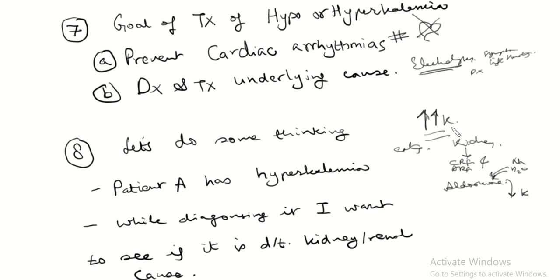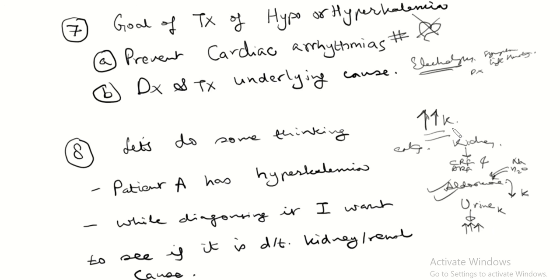Okay, now when the body sees too much potassium, it activates aldosterone and makes it pee out the potassium. So if I do a urine test and aldosterone is working great in a hyperkalemic patient, what are you going to see? Urine potassium is going to be high. With me on this?